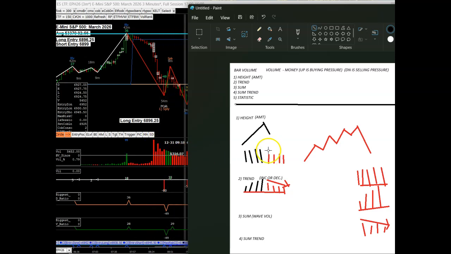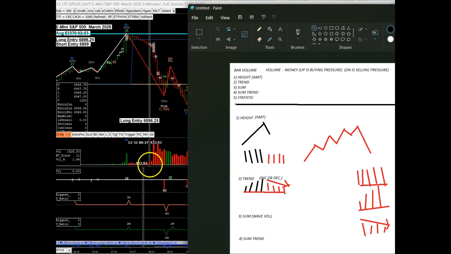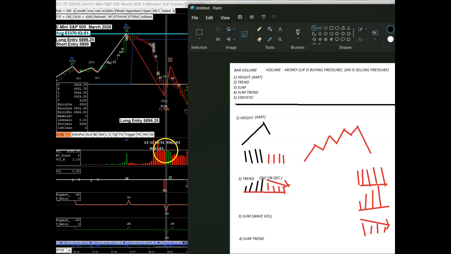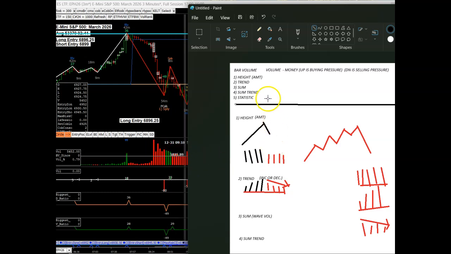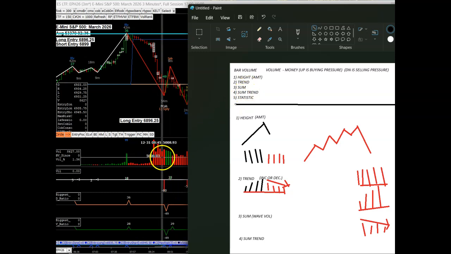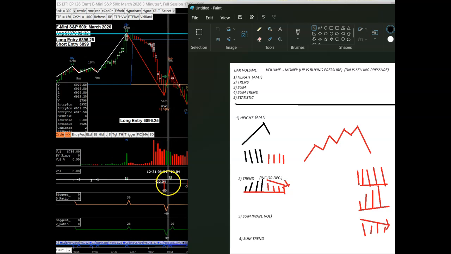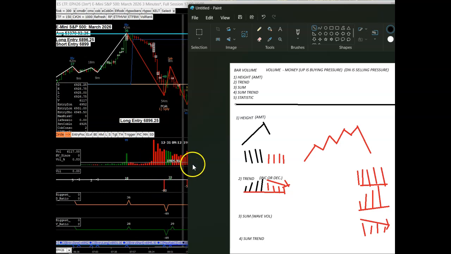Done. Second is trend. From a trend perspective, you can see the pullbacks, their volumes are decreasing. The trend of the volume. Third is the sum. This sum is 80. The sum of the pullback is 23. Again, 80 versus 23.